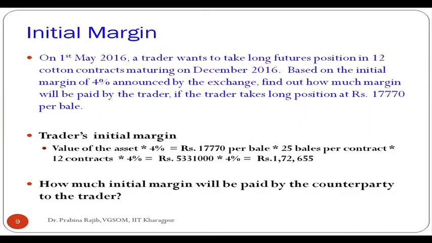And whenever a party completely squares out, let's say this particular trader who took 12 long futures positions on 1st May squares up the contract on, let's say, 7th May 2016, then on the same day he will be able to get back the initial margin he had paid earlier. So whenever traders square up their position, whatever initial margin they have deposited, they get back from the clearing house.